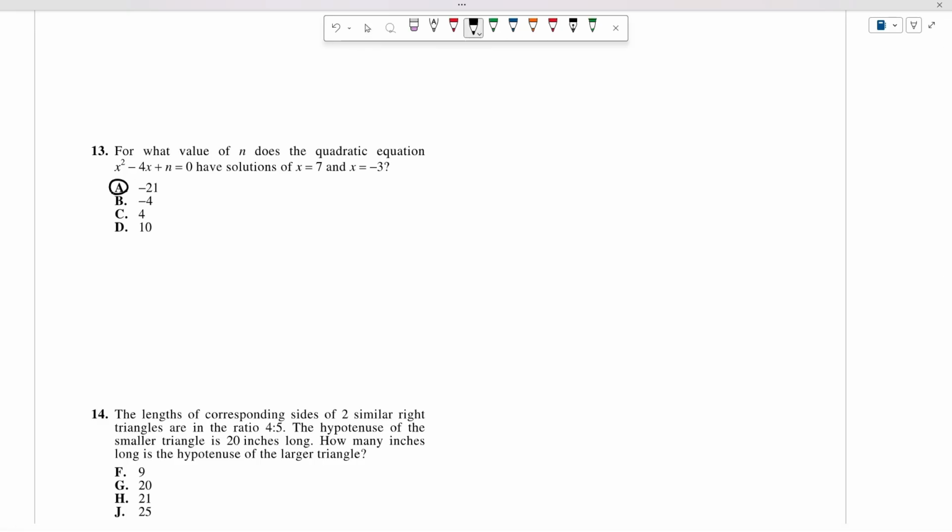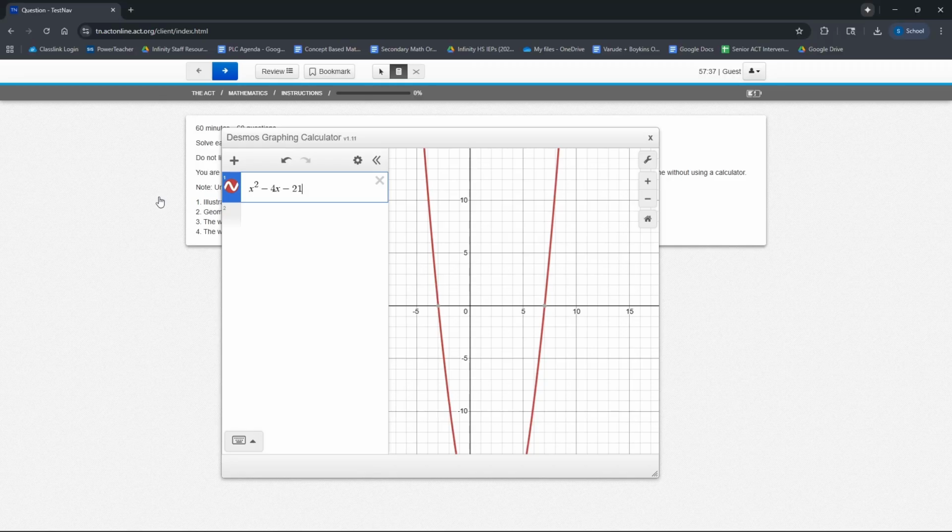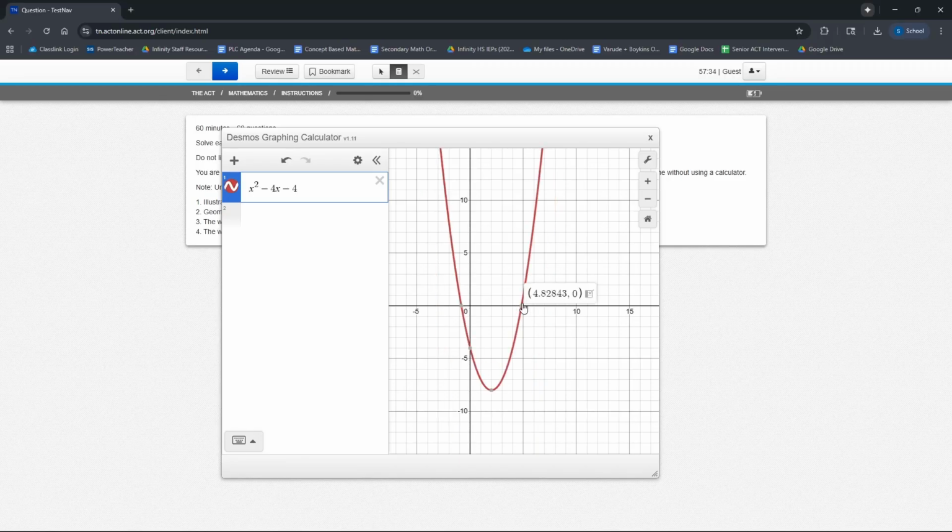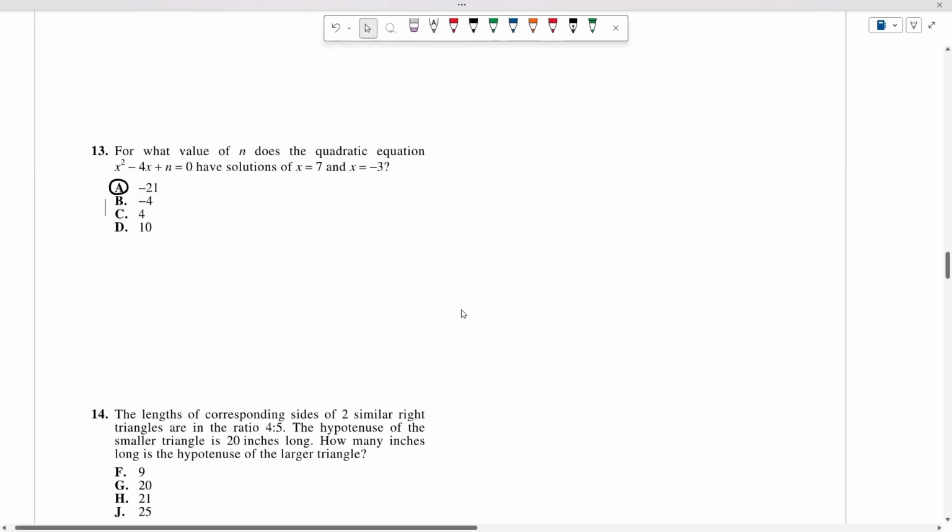If you do B, for example, if you do negative 4, then your solutions are these, which are not 7 and negative 3. If you're going to do it by hand, we should recognize that these two correspond to factors of x minus 7 and x plus 3.